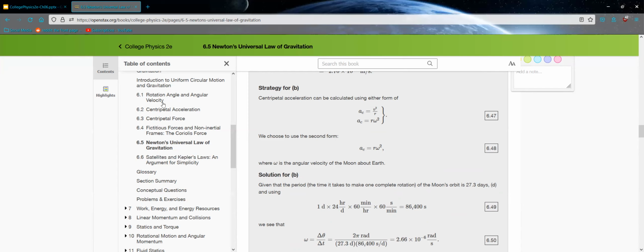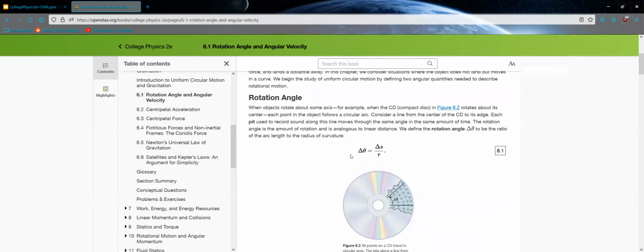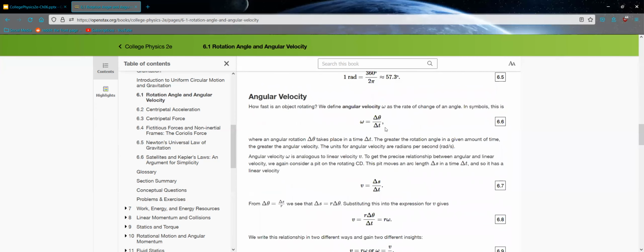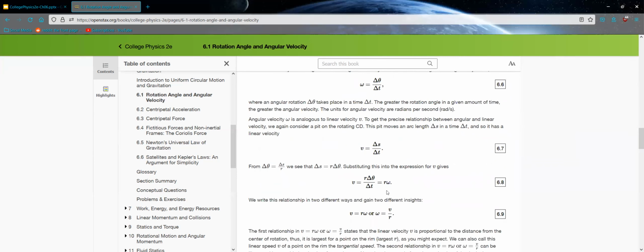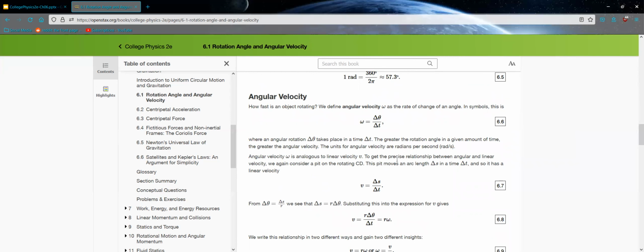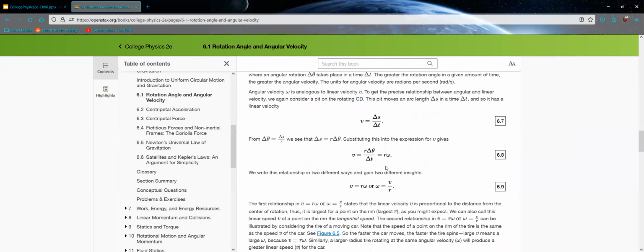And that was given to us way, way at the top there, right? Where is it? There it is. Velocity equals delta s over delta t, or delta omega over delta t, whichever you have access to.